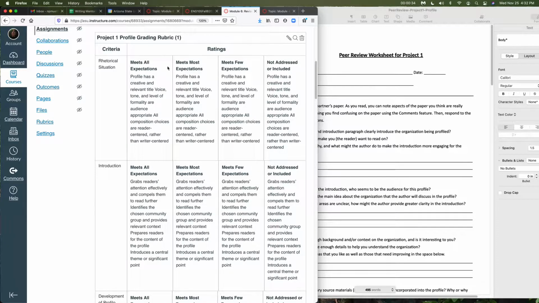So you can see, this is the 3 level of the learning contract rubric over here in this left column, right? And this is the 0, which we want to avoid.